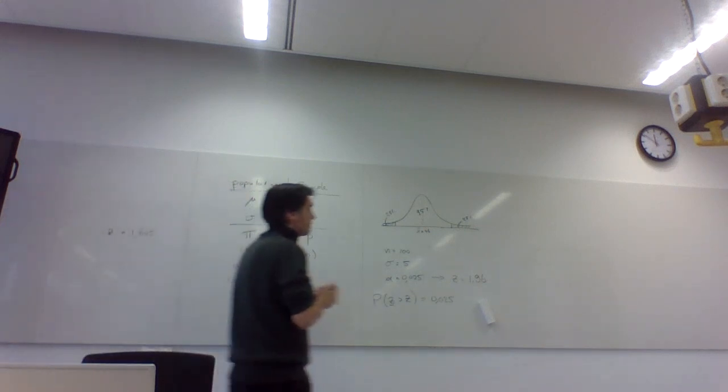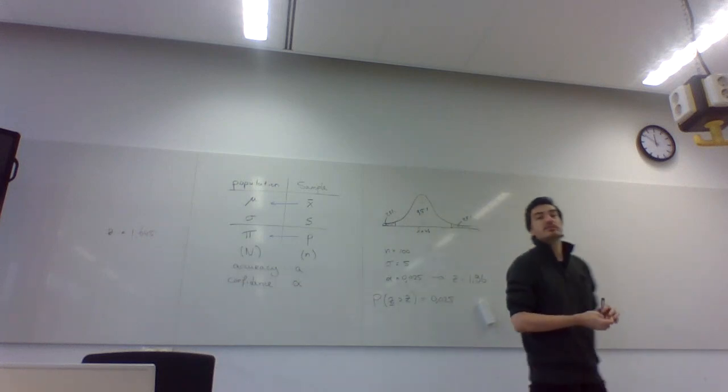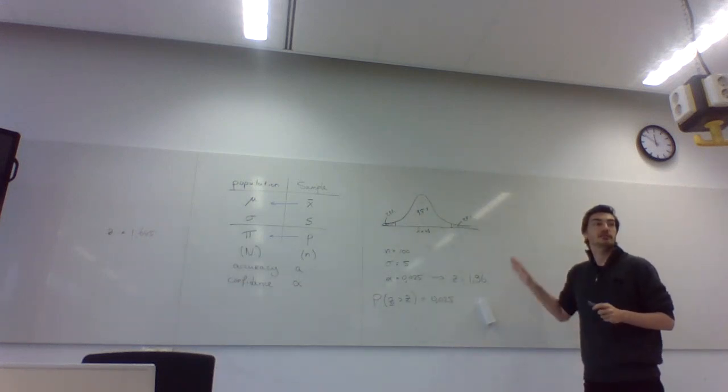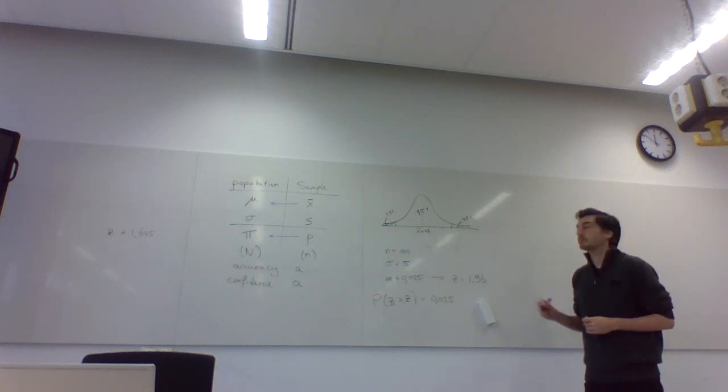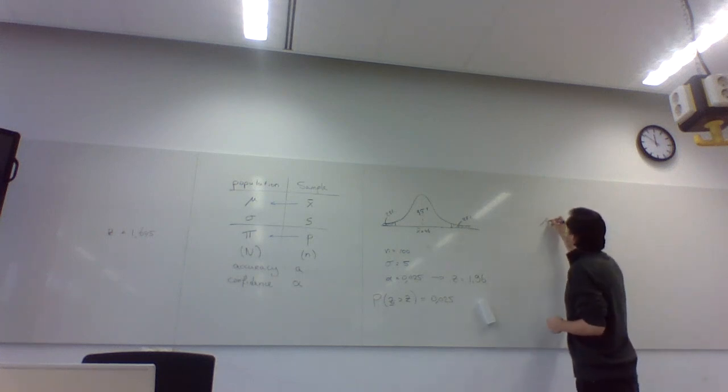Now, when we have all the values we need, we just have to calculate the interval. The interval was mu is between x minus a and x plus a.